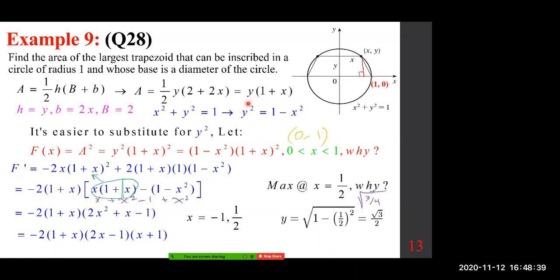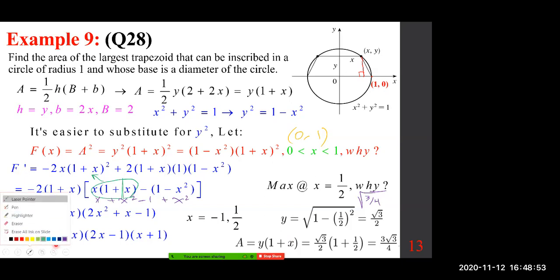So square root of 3 over 2 times 1 and 1/2 becomes 3/2. So this is 3/2, everybody, 3/2. So it's, let's just write it. That's how we get 3 square root of 3 over 4.